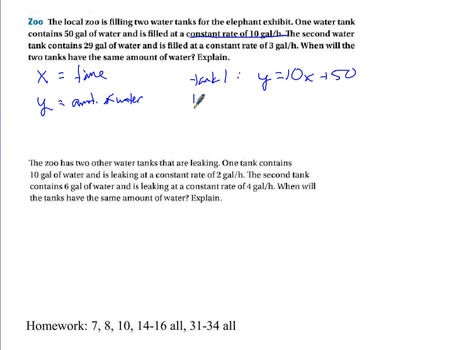And now we have tank 2. The amount of water in tank 2 equals 3 gallons per hour, so 3x, plus 29 gallons.